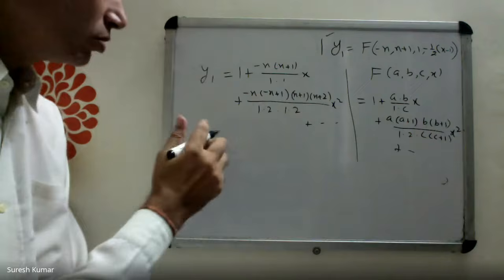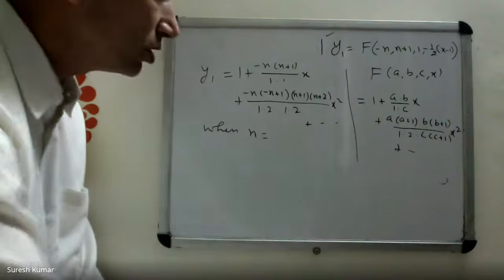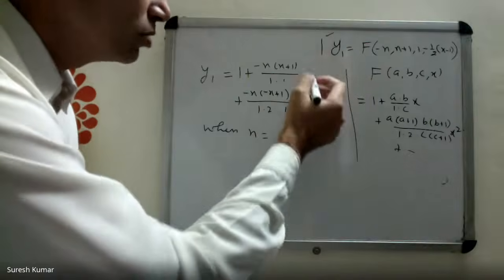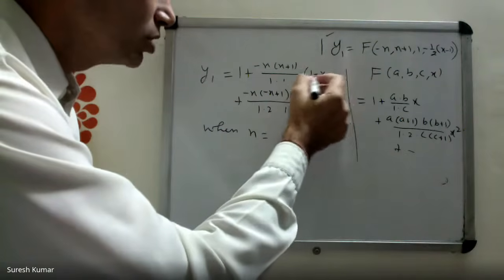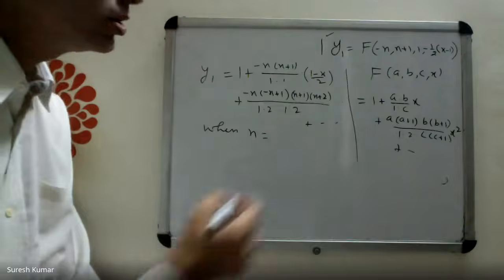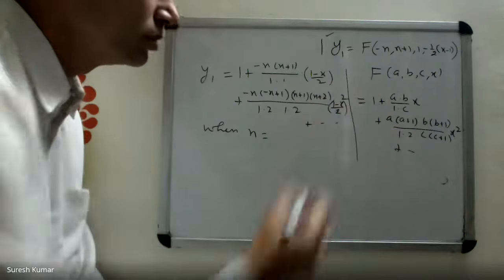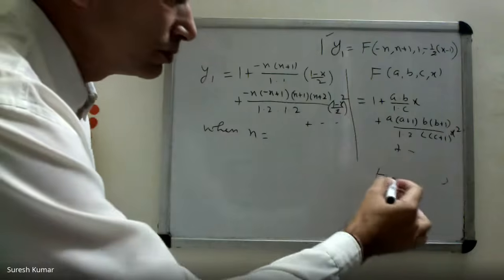Sir, it should be t square. Yes, it should be t square, but I want to write it in x. In x, how can I write it? t is (1 minus x) over 2, and t squared is ((1 minus x) over 2) whole square. This is my relation in t and x.